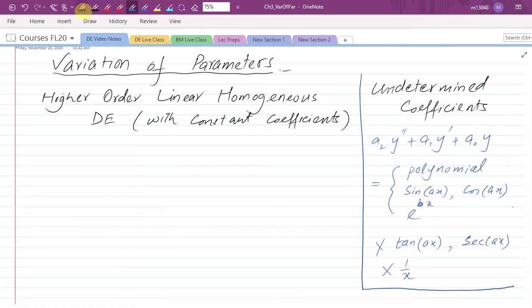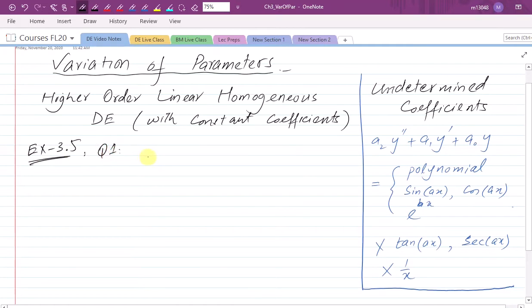Now, the example I'm going to take is from exercise 3.5, which is our next exercise in the course. Question number 1. The question is, once again, solve the given differential equation.